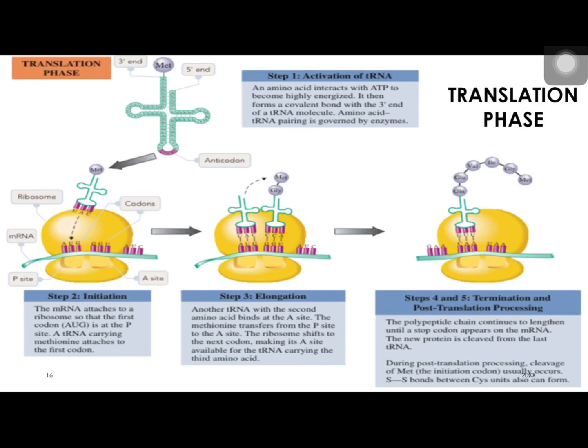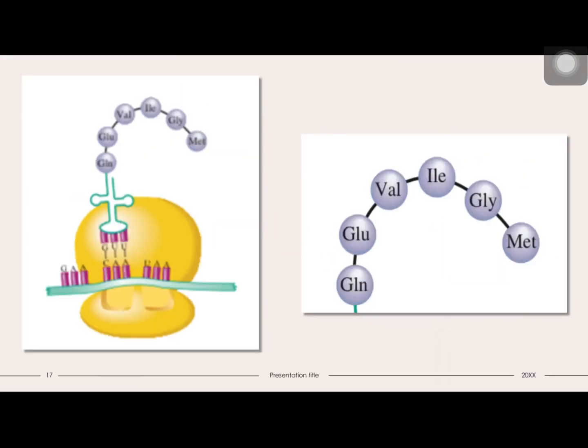Once it has appeared in our mRNA, then the elongation process will stop. Once it has stopped, the protein is cleaved or split from the last tRNA.